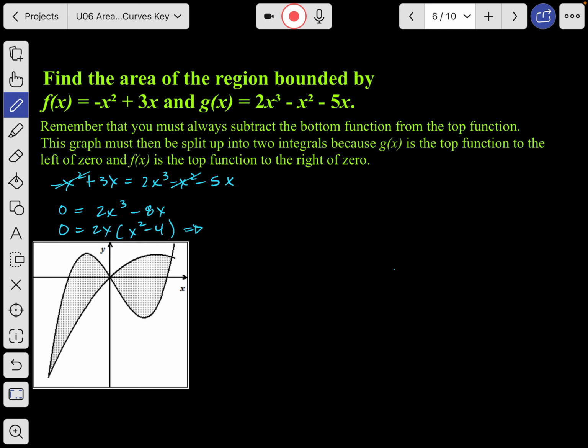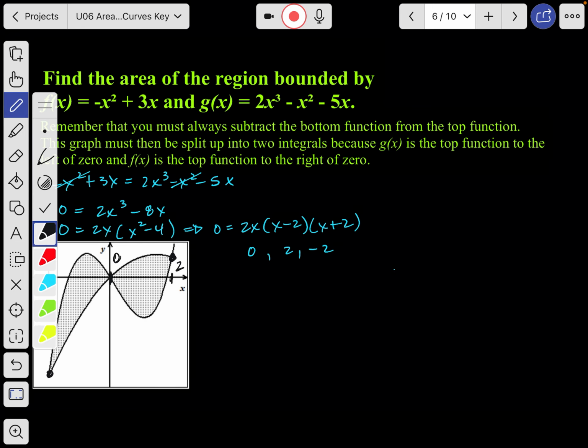If I write this in factored form, I've got 0 is equal to 2x times x minus 2, x plus 2. And if I solve each of these, I'm going to have 0, 2, and negative 2. So on my graph, I know the intersection down here is going to be at an x value of negative 2. Of course, I'm intersecting at the origin, and an intersection at positive 2 right here.